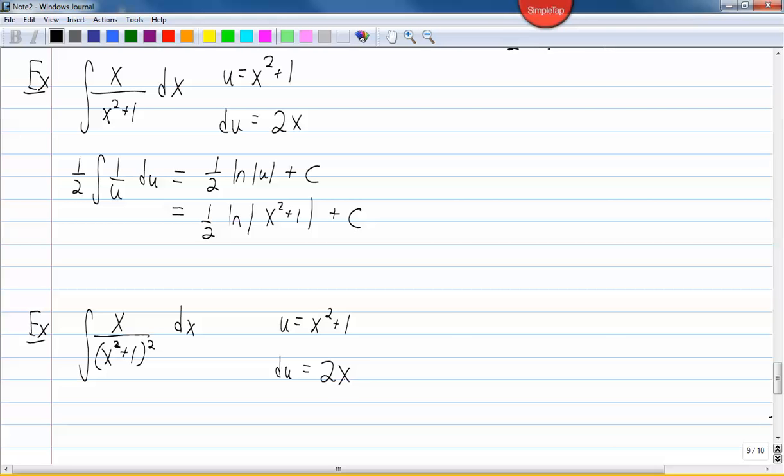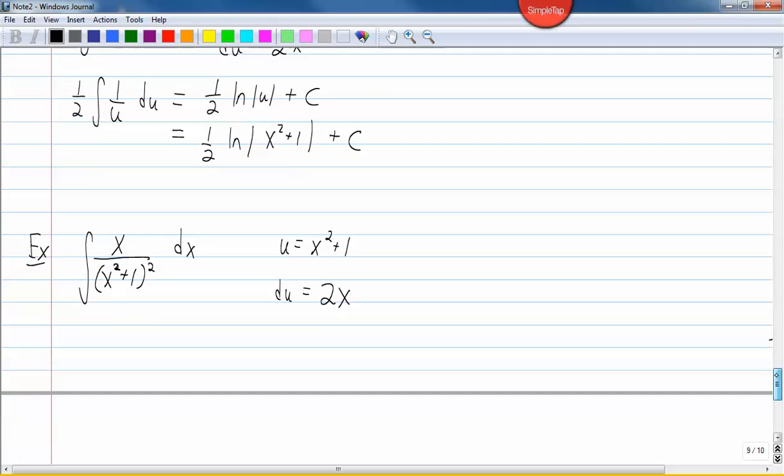So look, this x is present up here. Now here's the key to working out the integral. Of course, we know we bring out a 1/2, but the key to working out this integral now is when we rewrite it, it's 1 over u squared.